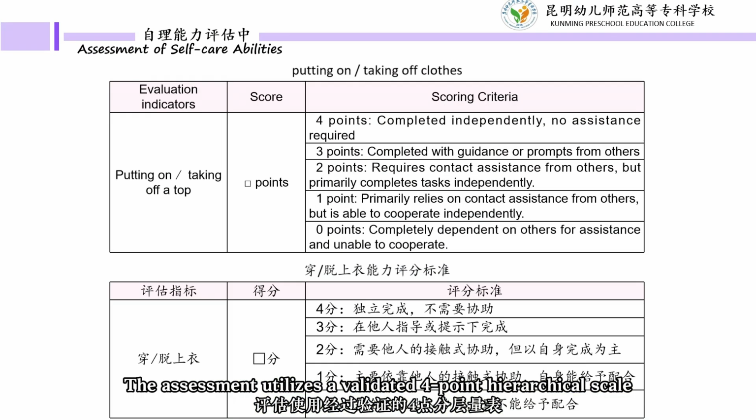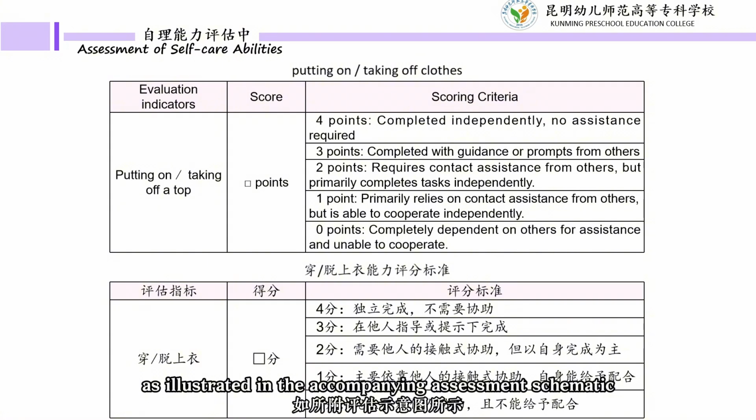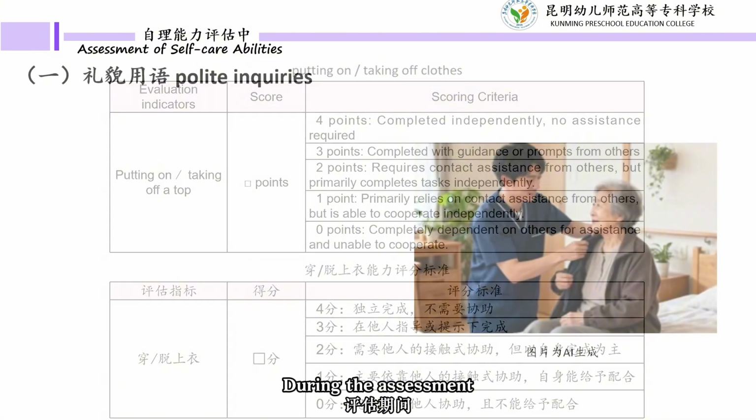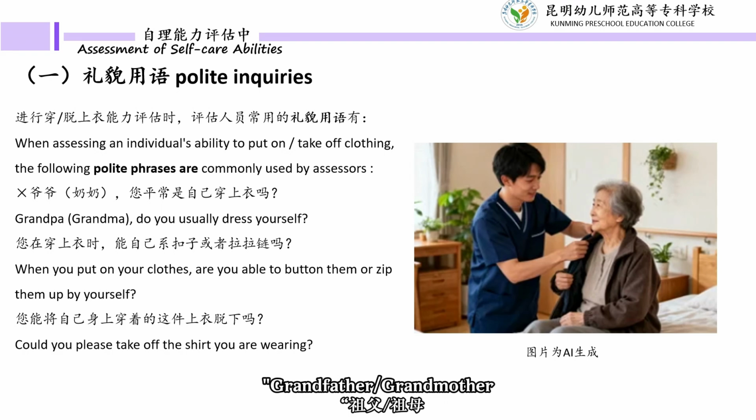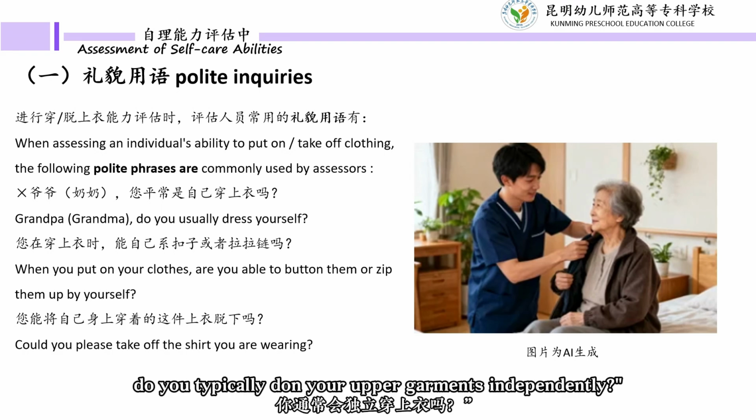The assessment utilizes a validated 4-point hierarchical scale as illustrated in the accompanying assessment schematic. During the assessment, the following polite inquiries may be utilized. Grandfather or grandmother, do you typically don your upper garments independently?